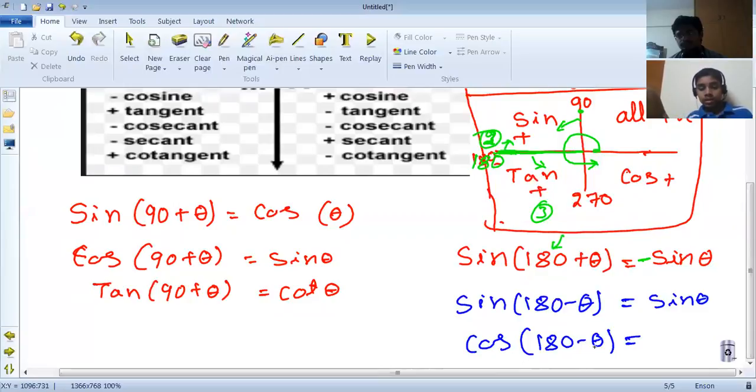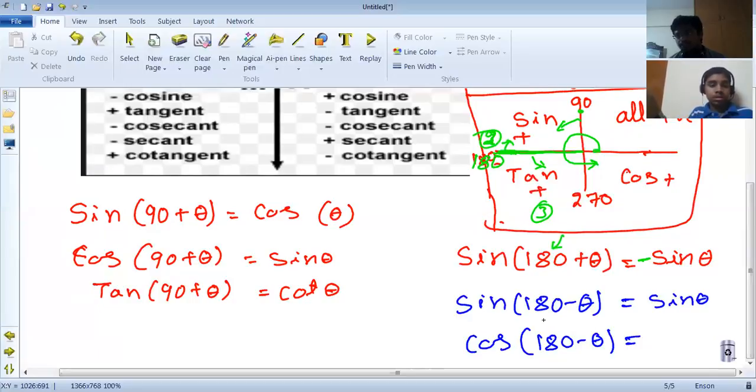It is in the second quadrant only, 180 minus theta. First you need to check.